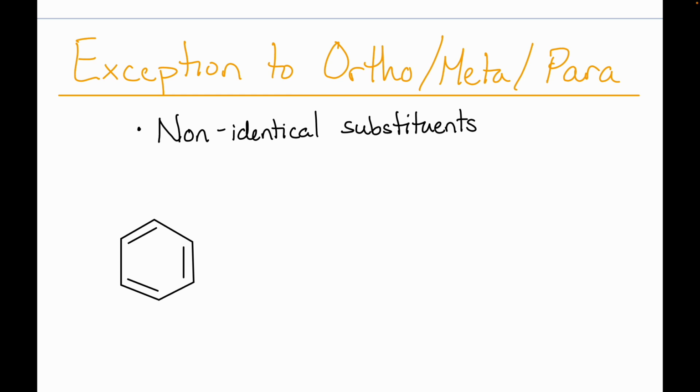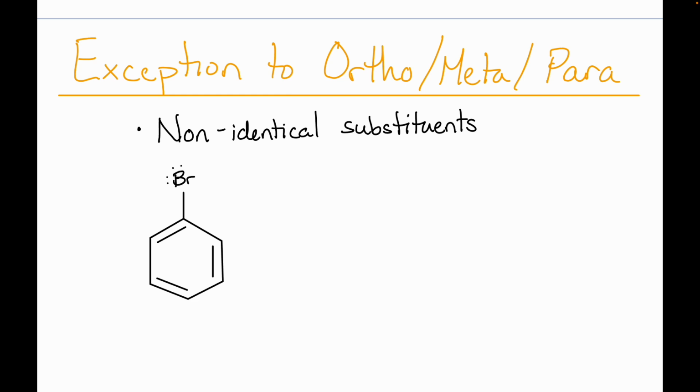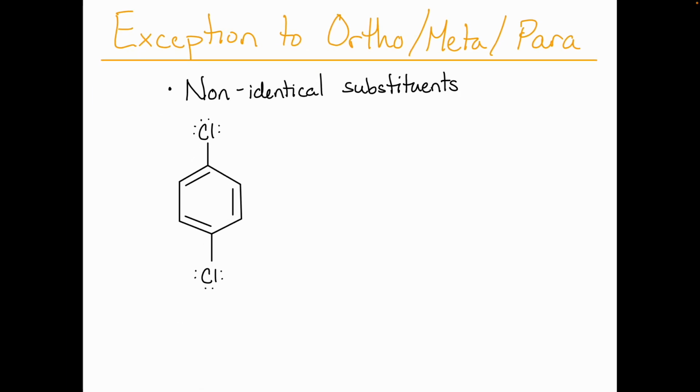All right, so just to do two very similar examples here. If we had two identical substituents, like two bromo groups, we already did bromo. Let's do chloro groups. Then we would use our ortho meta para designation.